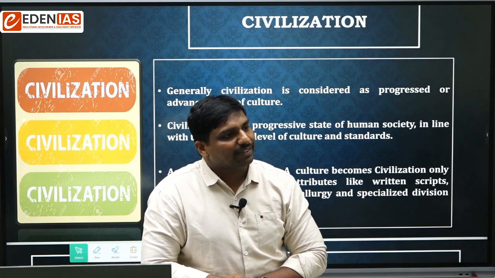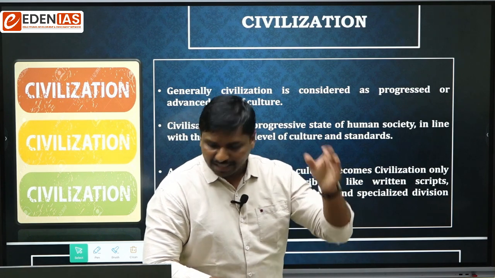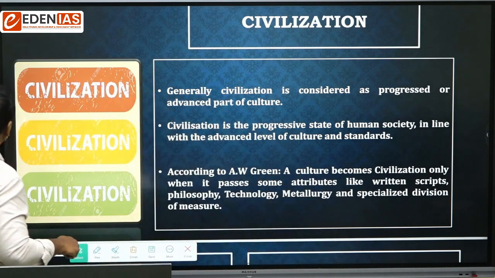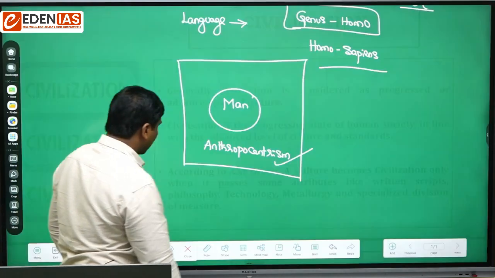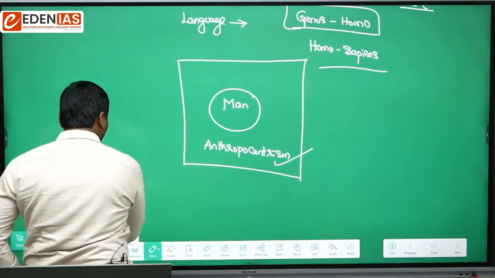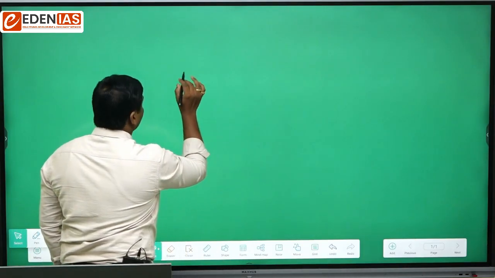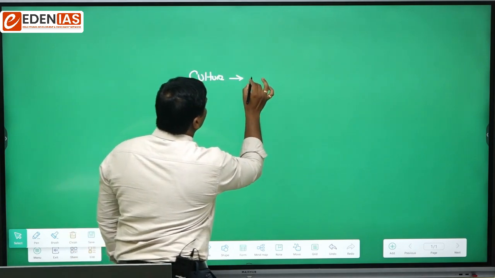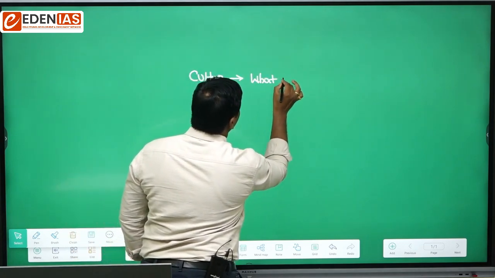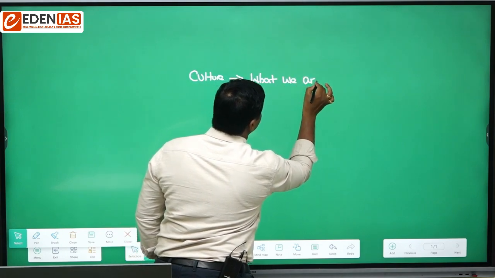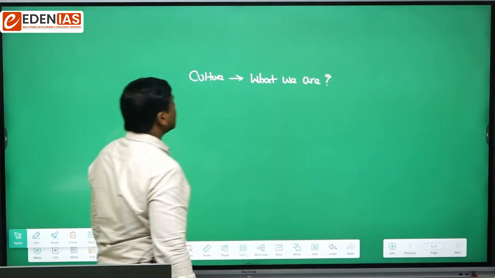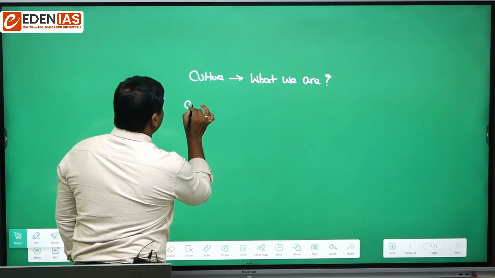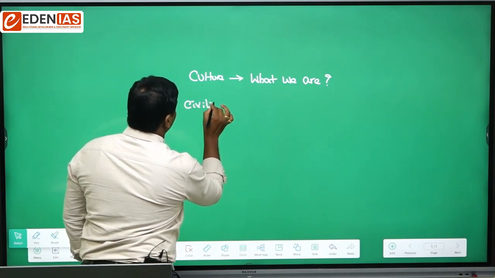Whereas there is another concept called civilization. As culture says what we are, there is another term called civilization.